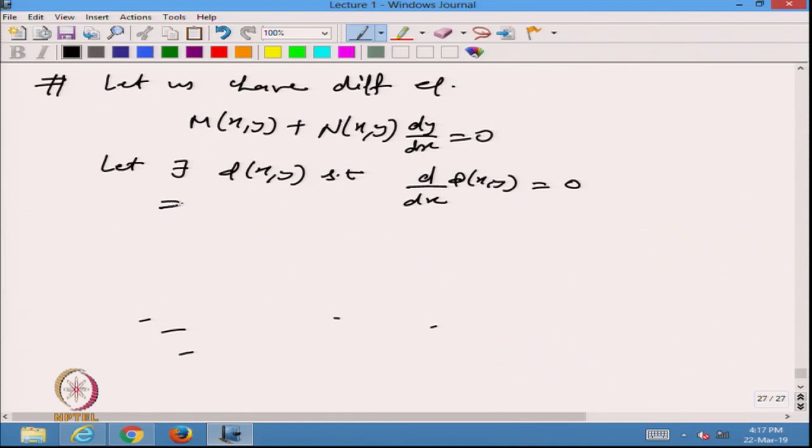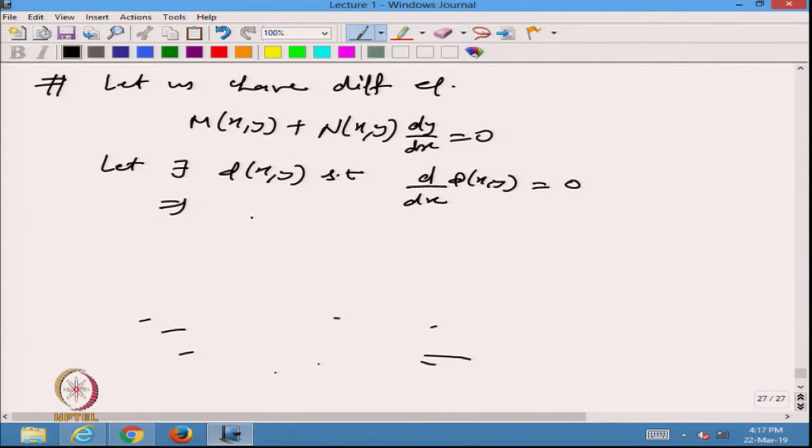So from here I take the derivative of this. This is a total derivative, and it can be written with partial derivatives, so I should write the partial form.